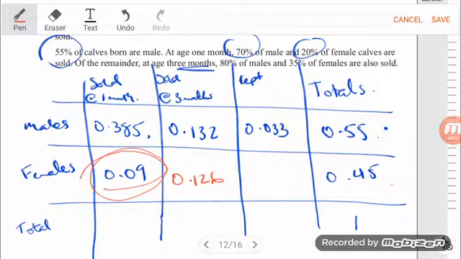We can take our shortcut and just subtract these two to work out what this is, because everything needs to equal this. The total minus 0.126 minus 0.09 gives us 0.234.